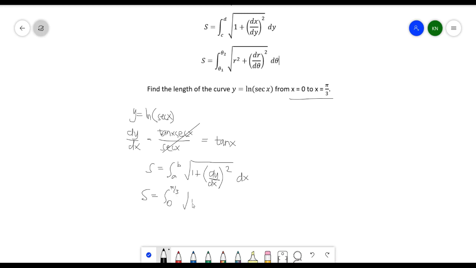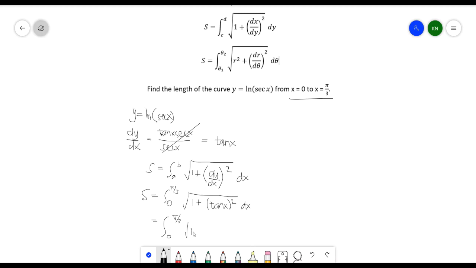Now, substituting again the derivative of the function, we have tan x, then squared, then we have the dx. Afterwards, we have to simplify our function.